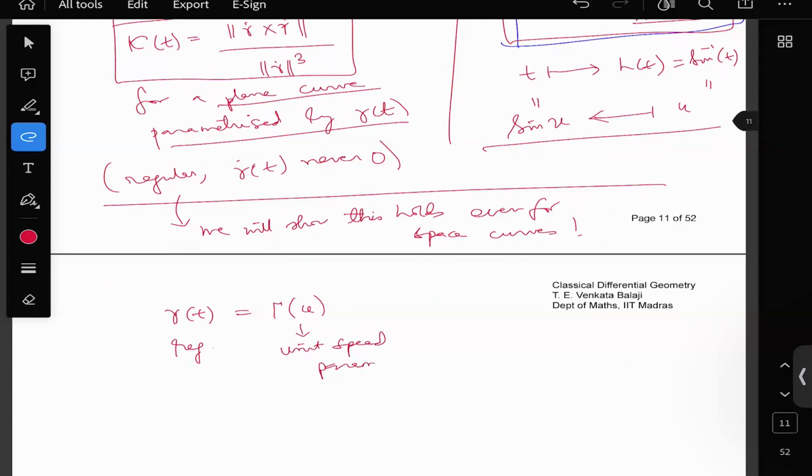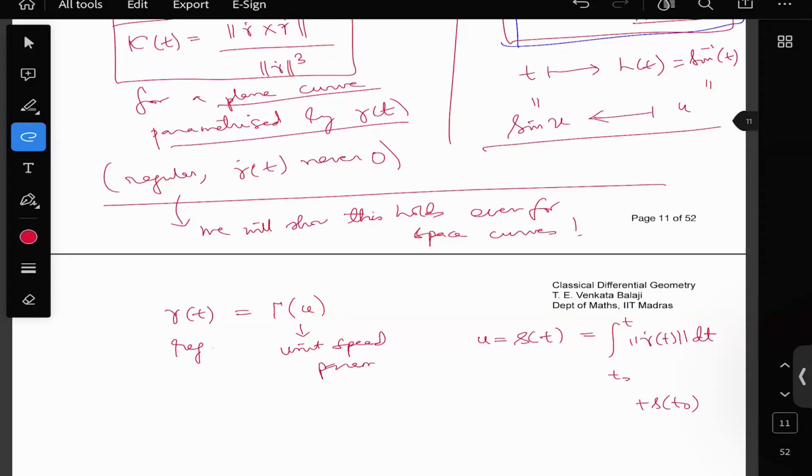And what is the unit speed parameterization? This u is just s of t. And what is this s of t? This is the integral from t naught to t of the norm of gamma dot of t dt, plus s of t naught.